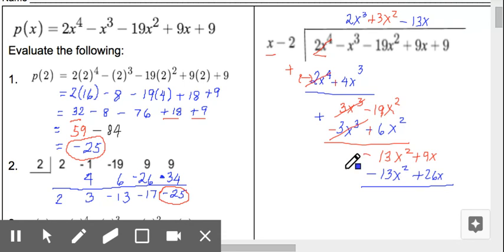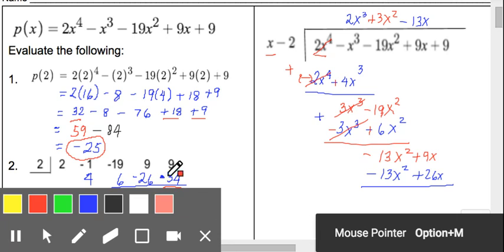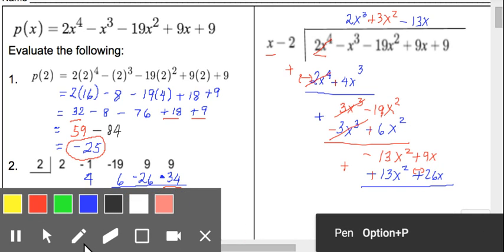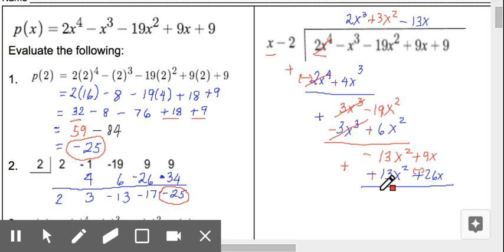We're supposed to subtract here, but instead of subtracting, we are going to add the opposite. So this becomes positive 13x squared, and this becomes negative 26x. So now I'll have negative 13x squared plus positive 13x squared. This gives us 0. 9x plus negative 26x is going to give us negative 17x.